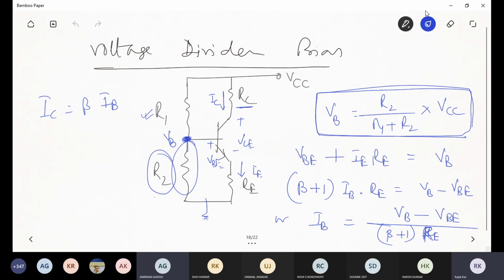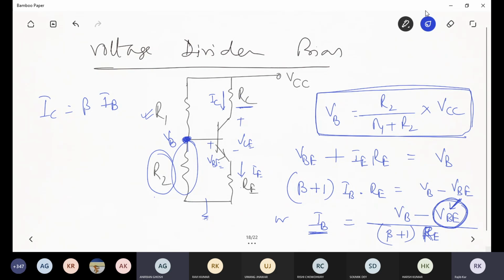See, VB is the potential that we are going to find out. Okay, voltage. So what you have to ensure is that this particular VBE parameter is constant. This is to be fixed, and then only IB will be constant. Even though one is current, one is voltage, I can use them interchangeably. Either it is change in VBE, which directly affects the value of IB.